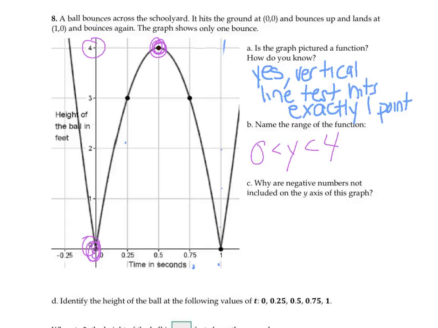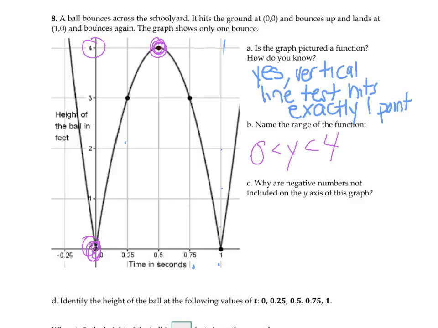Part C asks us, why are negative numbers not included on the y-axis of this graph? Well, this graph is representing a ball bouncing on a schoolyard. So we know that the lowest a ball can bounce is right on the ground of the schoolyard. But the ground of the schoolyard cannot go below 0 because it's in feet.